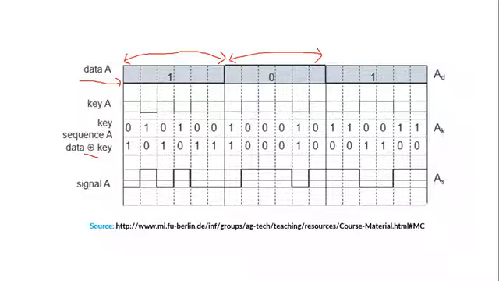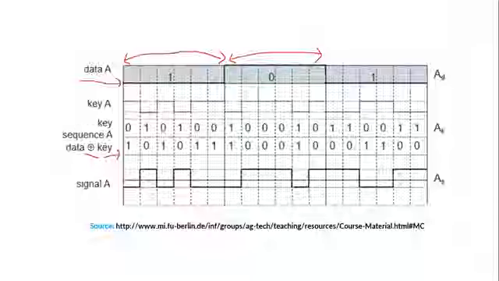So 0 XOR 1 is 1, 0 XOR 0 is 0, 0 XOR 0 is 0, 0 XOR 0 is 0, and 0 XOR 1 is 1, 0 XOR 0 is 0. So like that it continues. Okay, fine. So this is how the signal is XORed. After XORing, this is the data you get.